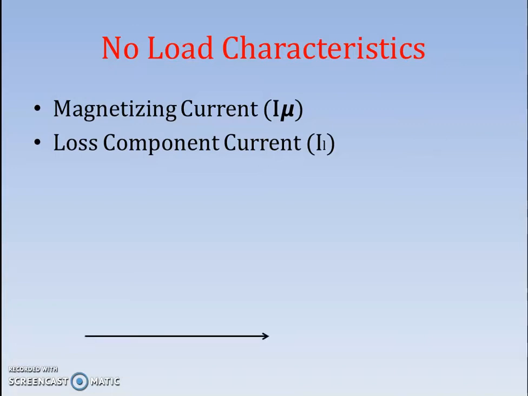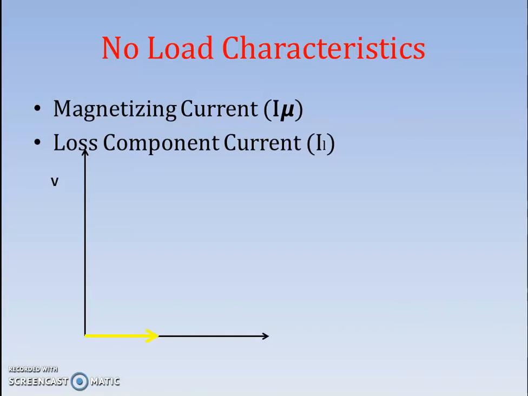If we see the phasor diagram, on the x-axis we take the flux axis or current axis. On the y-axis, we take the voltage axis. There is a 90-degree lag between voltage and current or flux.